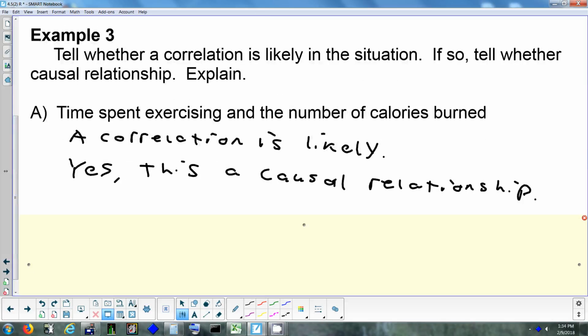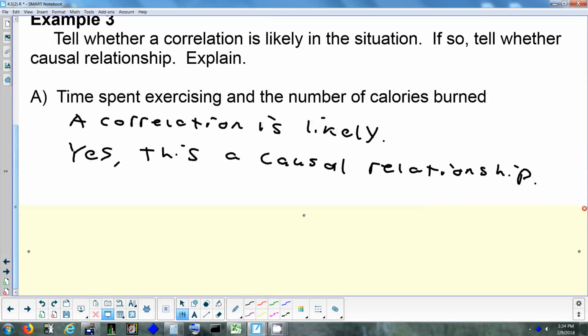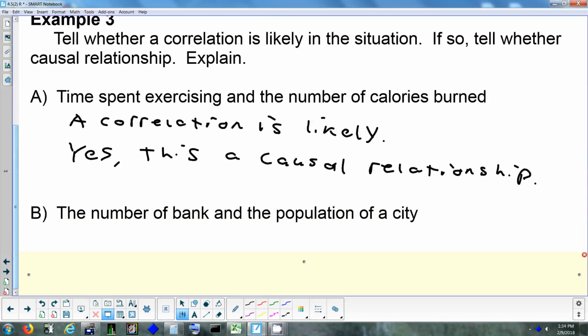Causal means it's very likely, almost guaranteed. The more time you spend exercising, the more calories you're going to burn.